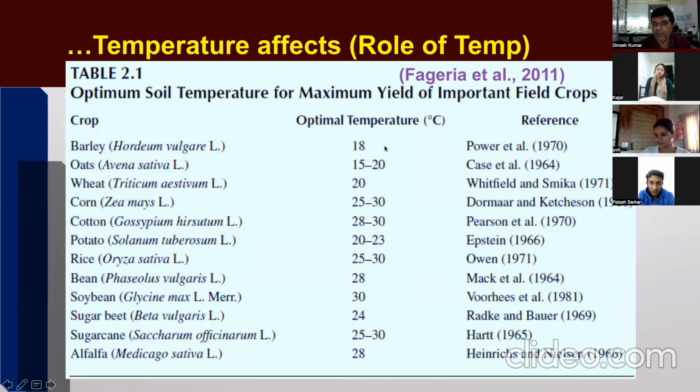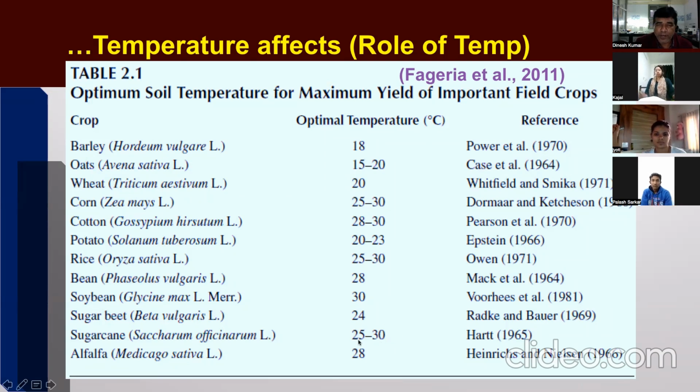Normally, crops which grow in winter season, the temperate crops, have a generally lower optimum temperature requirement than crops which are grown in tropical climate. So you can see a crop like cotton needs 28 to 30 degrees centigrade, rice 25 to 30 degrees centigrade, and sugarcane 25 to 30. So these are tropical crops.